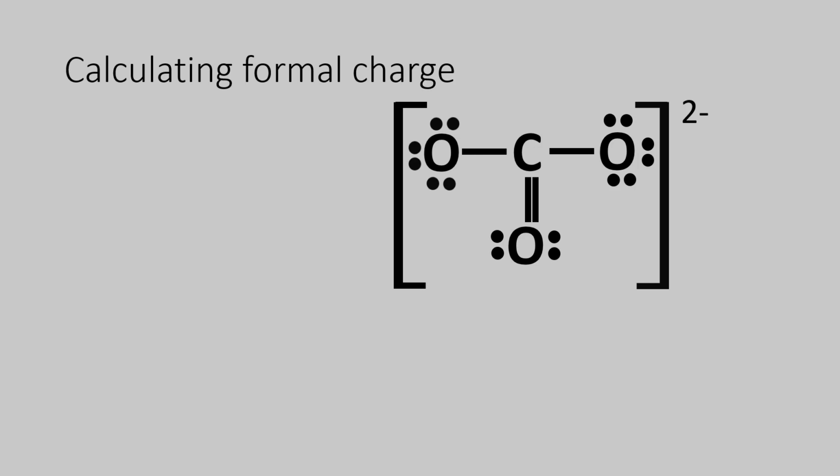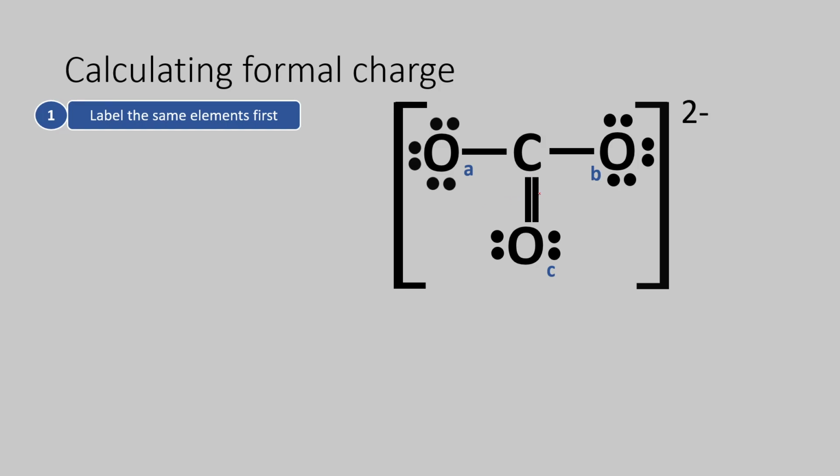So, this is CO3 2 minus. So, first, kita akan label the same element first. So, you tengok, kita ada 3 oksigen, while kita cuma ada 1 karbon. So, kita takkanlah confuse karbon kan?